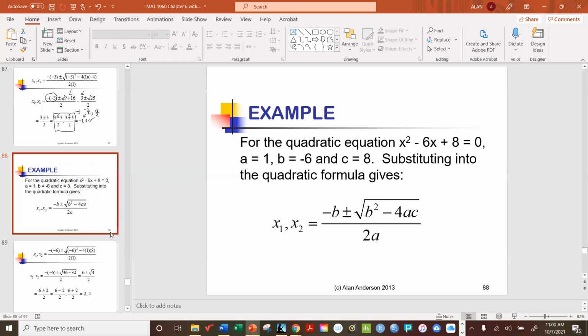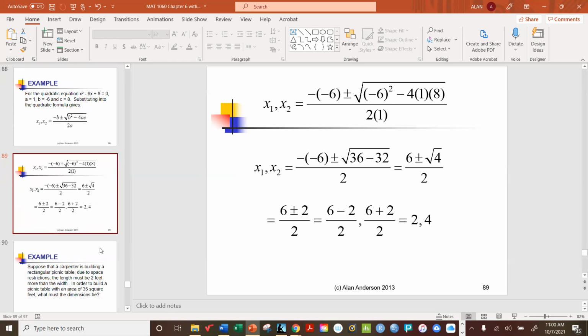All right, so let's see how that worked out. We plug in the numbers. And this time we end up, now here again, negative 6 becomes positive 6. And under the square root sign, this is positive 36 minus 32. So of course that's a perfect square.